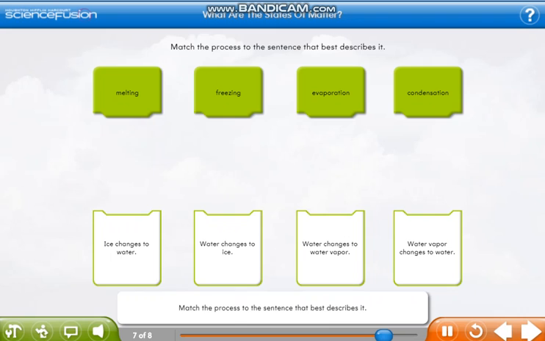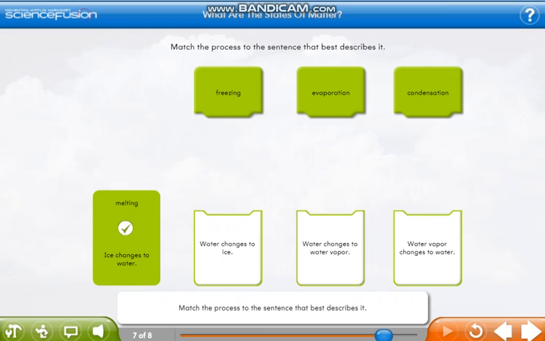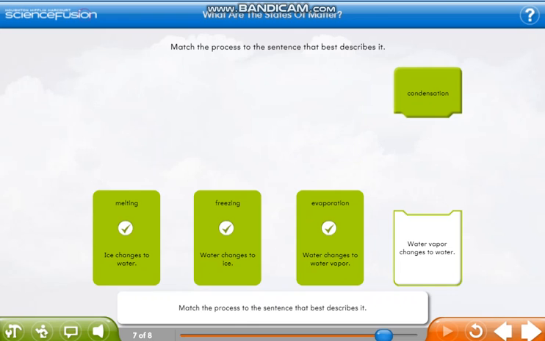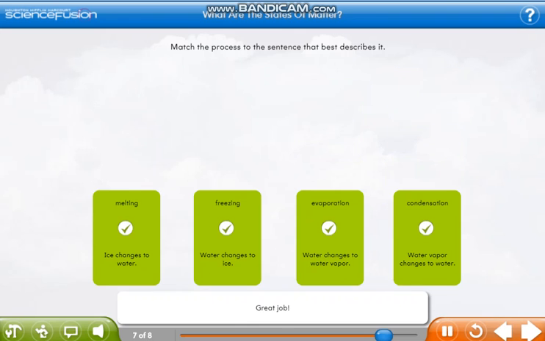Match the process to the sentence that best describes it. Great job! You matched the process with its description.